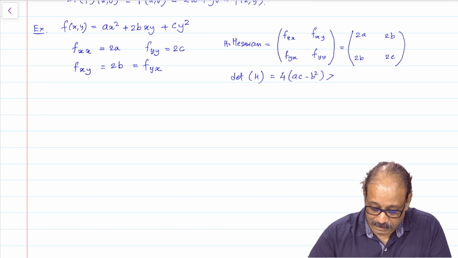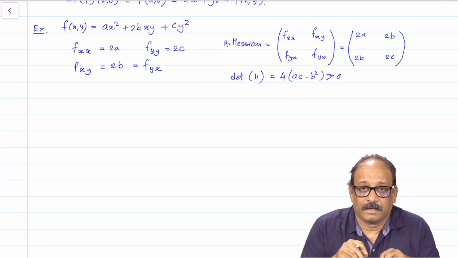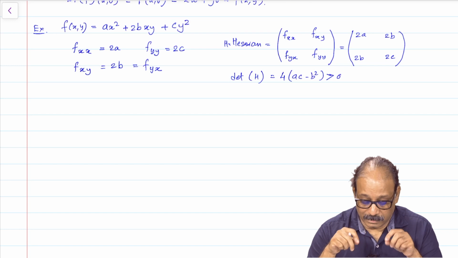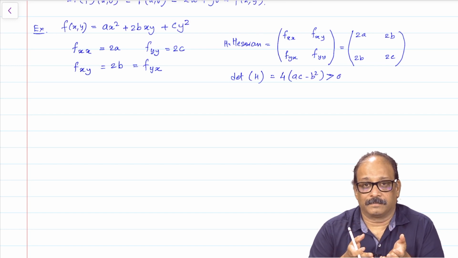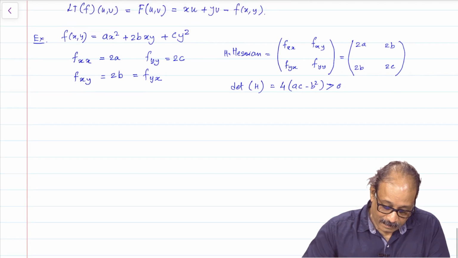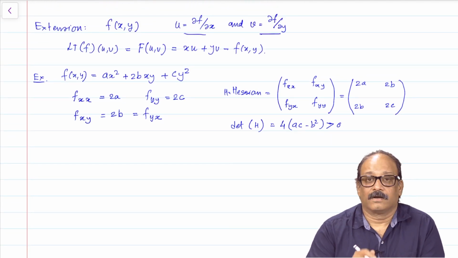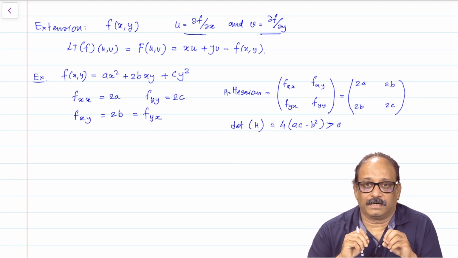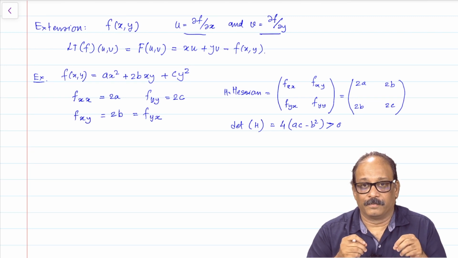If this determinant is greater than 0, then we say that the function is a convex function, and when this happens, you are guaranteed that the partial derivatives there, which we defined here, will be monotonic. See, the whole definition crucially depends on the transformed variable being invertible.